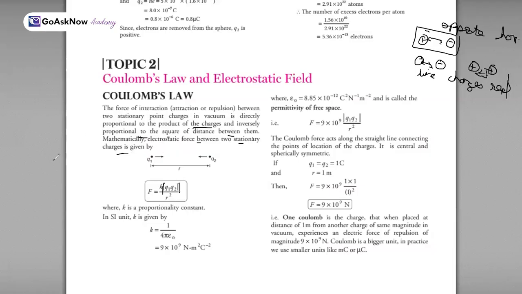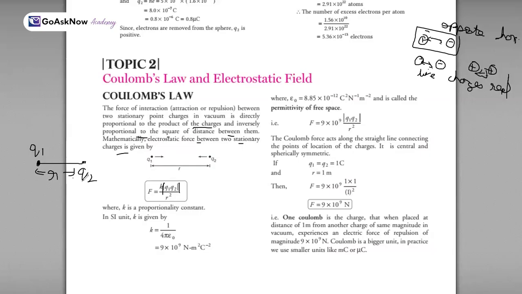If you have two point charges, only point charges, Q1 and Q2, separated by a distance small r, what is the value of the repulsive or attractive force between them?